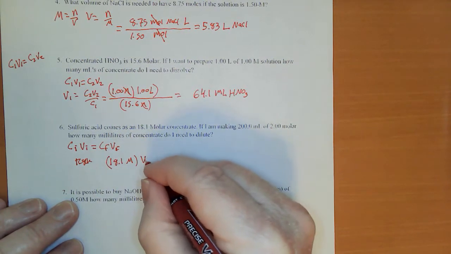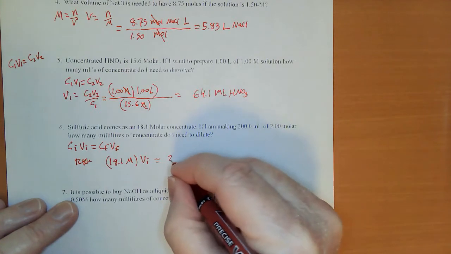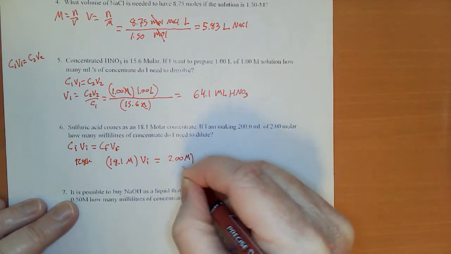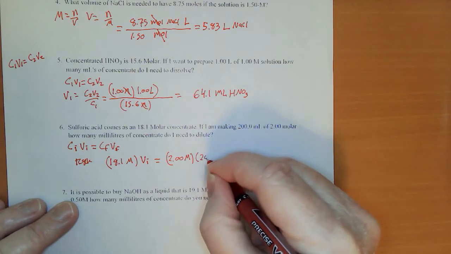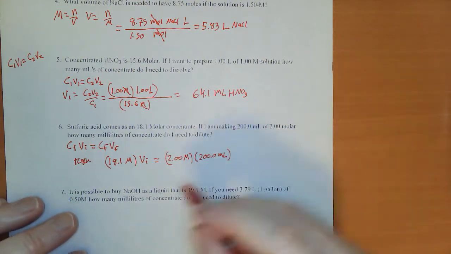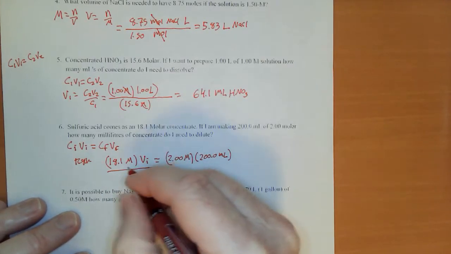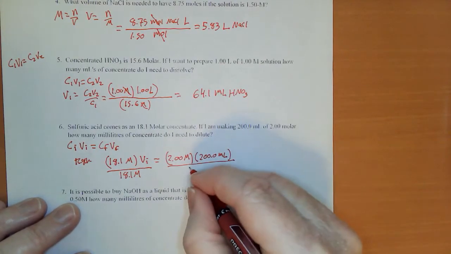And I don't know the initial volume. But I know it's going to be 2.00 molar times 200.0 milliliters. Now to get V1, I divide both sides by 18.1 molar.